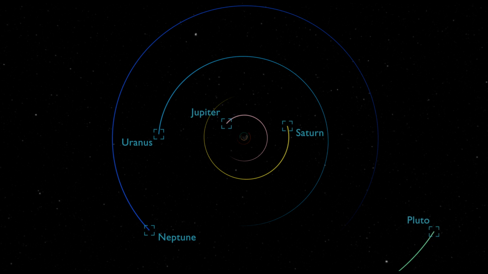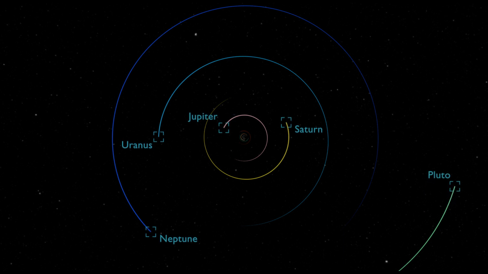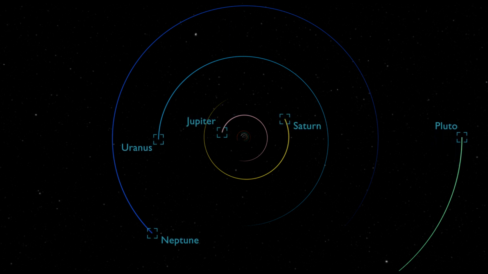Pluto was thought of as a planet, but since then we found more celestial objects just like Pluto, and in 2006 the International Astronomical Union defined what a planet is.